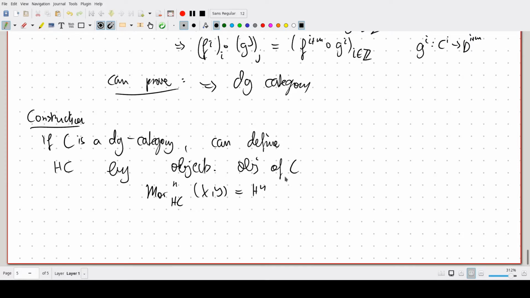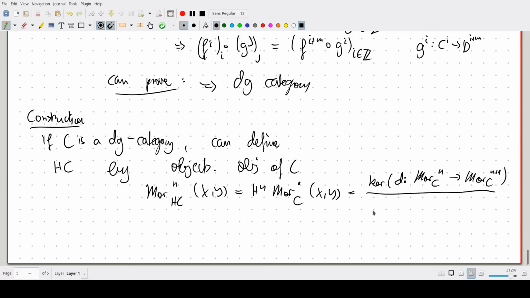This is the nth cohomology of the cochain complex of morphisms between X and Y in the category C, meaning that it is sort of the kernel of the differential operator from the morphisms of degree n between X and Y to the morphisms of degree n plus 1 between X and Y, divided by the image of the differential operator from n minus 1 to n between X and Y respectively.